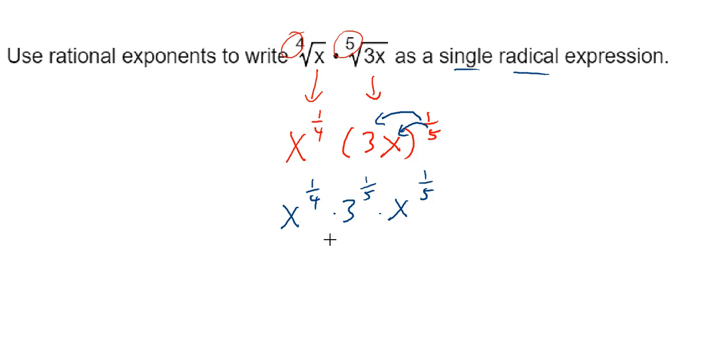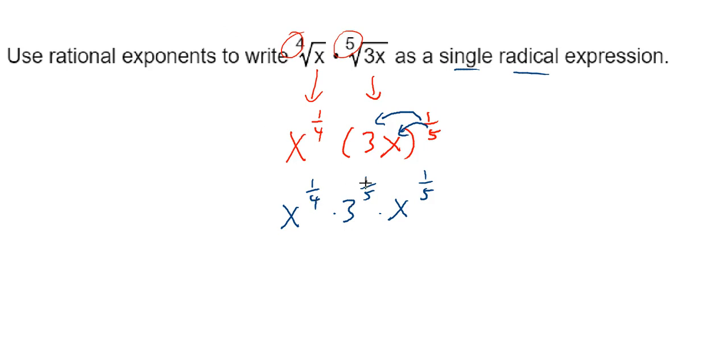And unfortunately, even though this is where I thought it was going to be easier for us because we can multiply these x's together, that's not a problem, but then the 3 will get left out of it. And so what we want to do is, let's not multiply the x's together. Let's get all of these fractions to have the same denominator. So find the common denominator, even though you're not adding or subtracting anything yet.